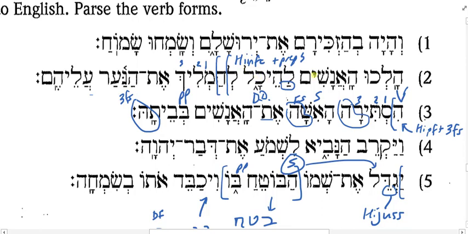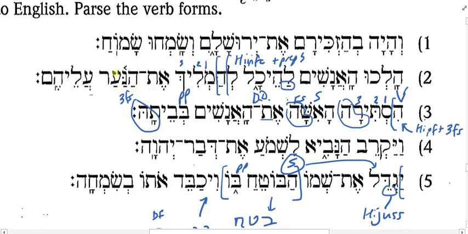Okay, so the men walked to the temple in order to, what? Yes, in order to make someone king, or in order to enthrone. So we don't want to use a noun here. We want to use an infinitive in our translation. In order to enthrone et hana'ar. What's that?